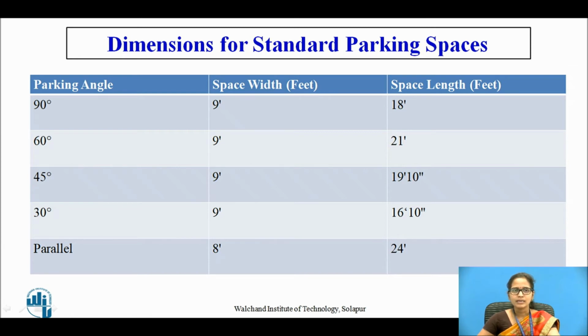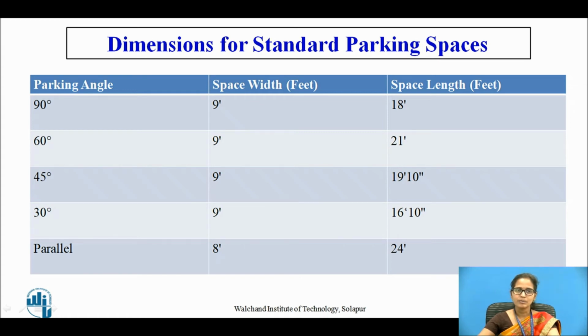When the parking angle is 60 degrees, the space width is 9 feet, whereas the space length is 21 feet, so it is increased from 18 feet to 21 feet. For the 45 degrees angle, the space width is 9 feet, whereas the space length is 19 feet 10 inches.